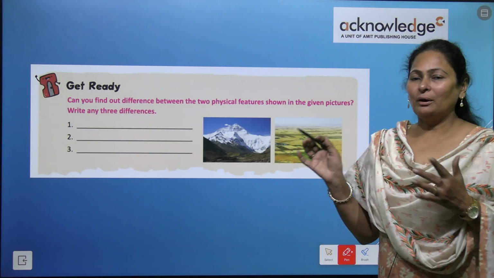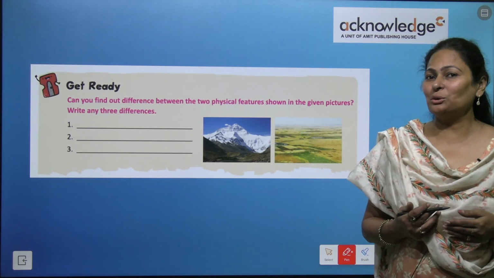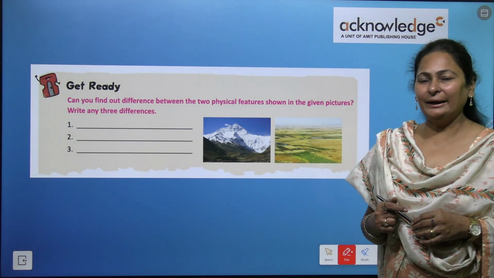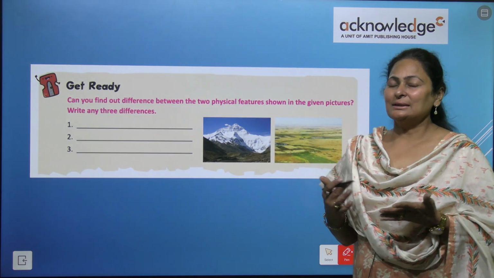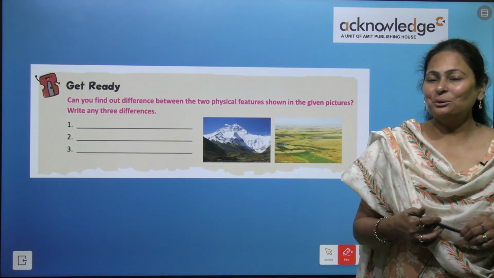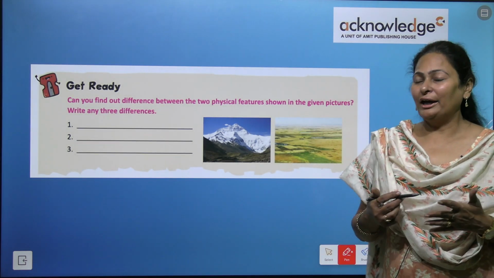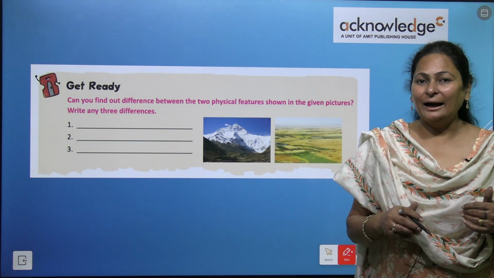So can you spot the differences between these two different physical features? Right? These are the mountains because they are covered with snow throughout the year, so the temperature is very low. And here the temperature is high, right?